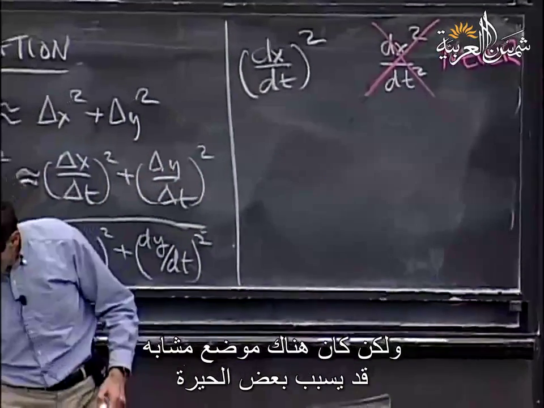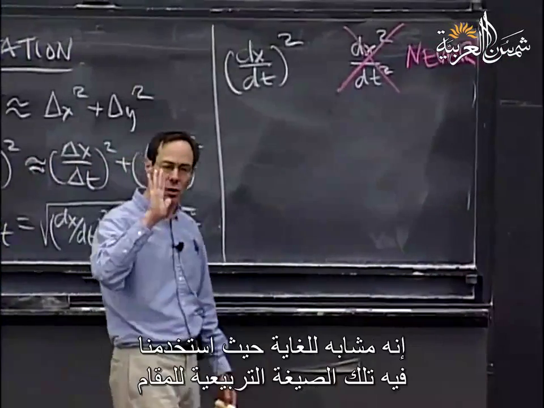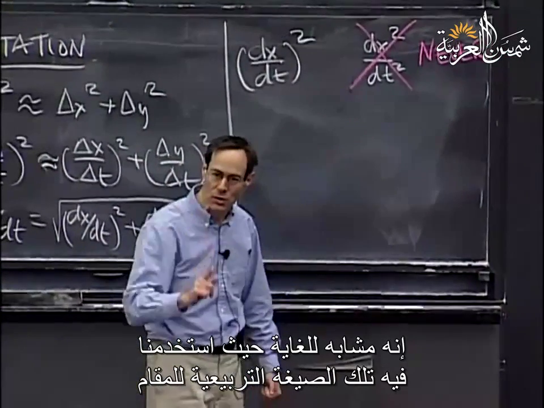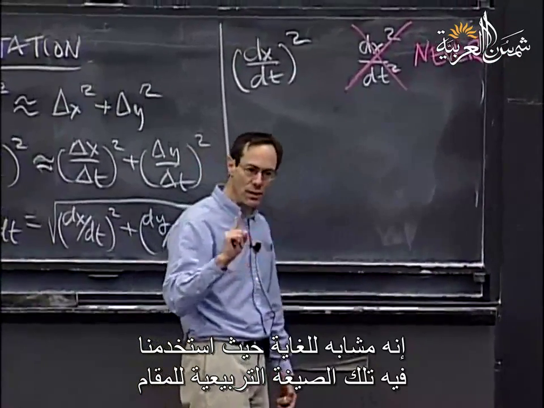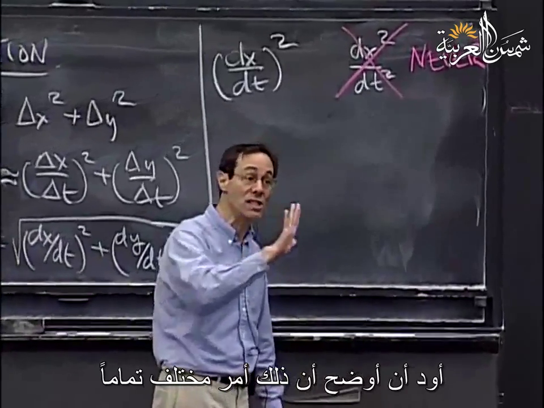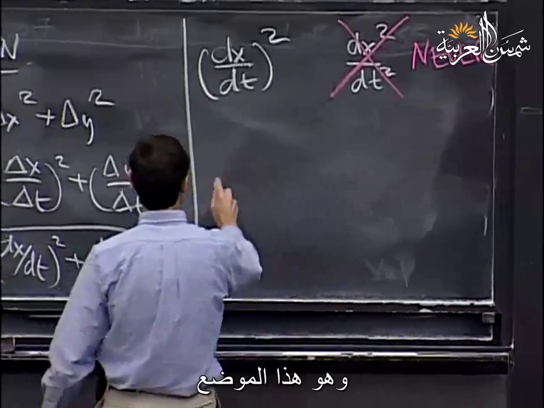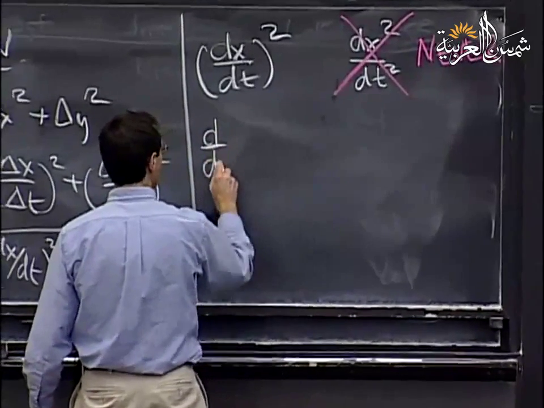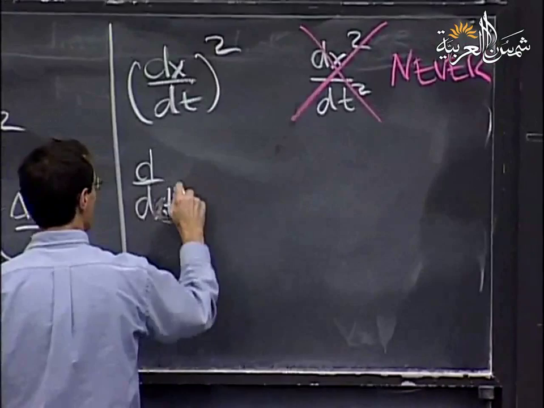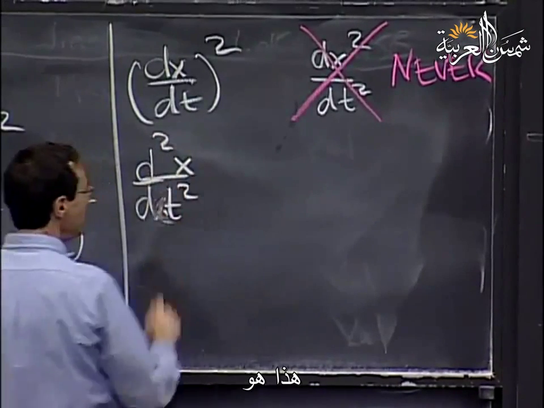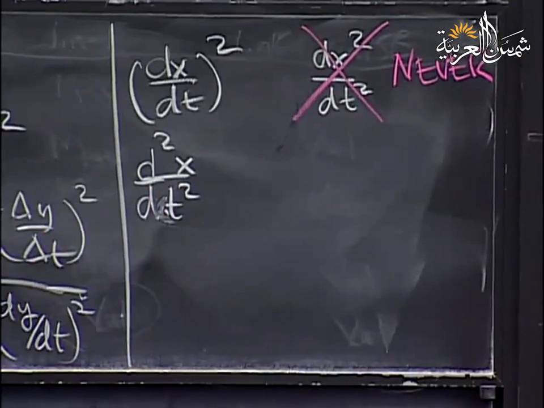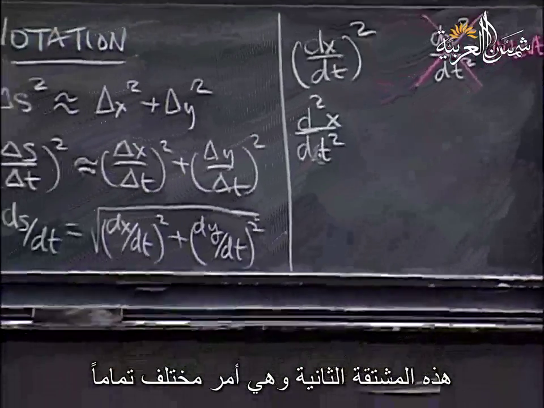But there was another place which is slightly confusing. It looks very similar, where we did use the square of the differential in a denominator. I just want to point out to you that it's different. It's not the same, and it is okay. And that was this one. This thing here, okay? This is a second derivative. It's something else.